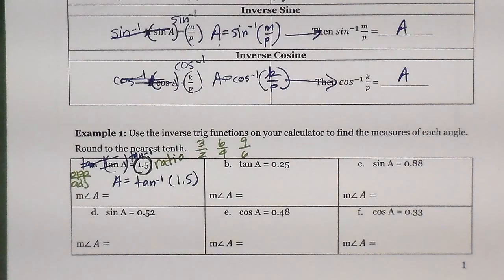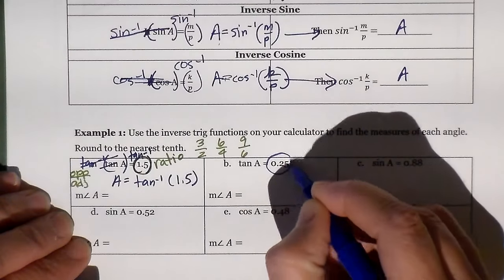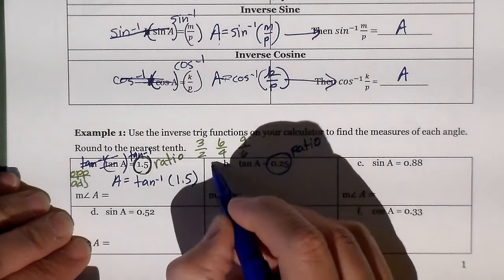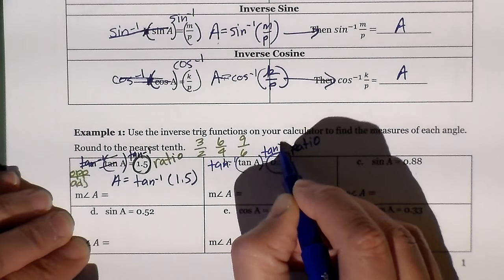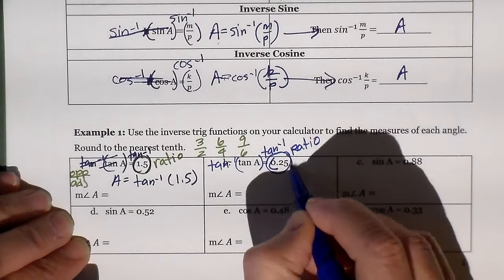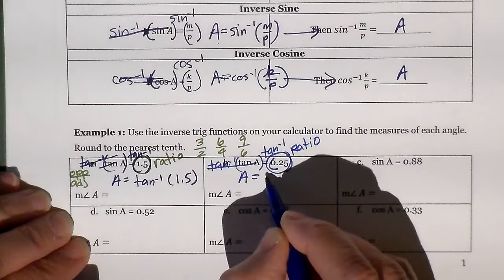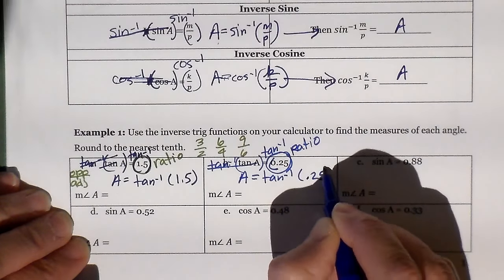We're going to take the inverse tangent. Again, what does this represent? That is your ratio. So I'm going to take the inverse tangent of both sides so I can get rid of the function on one side. I would rewrite this as, remember those go away, A is equal to the inverse tangent of 0.25.